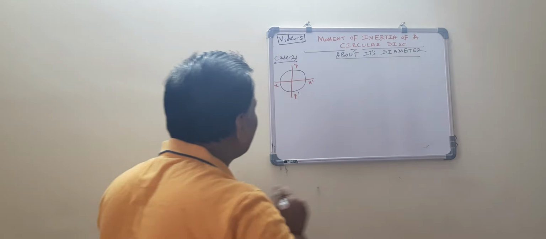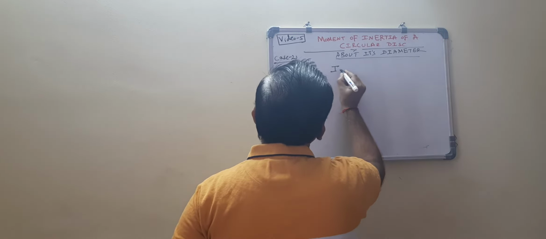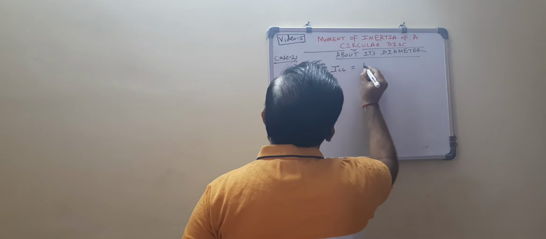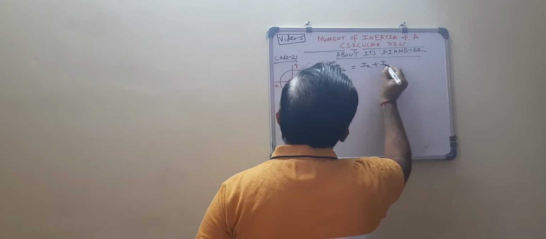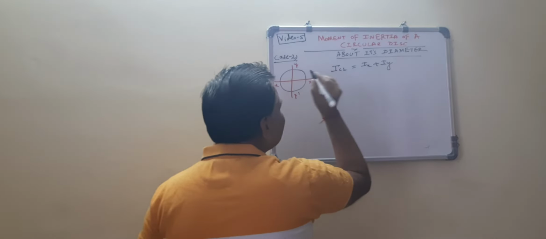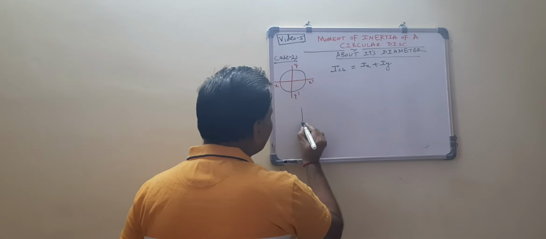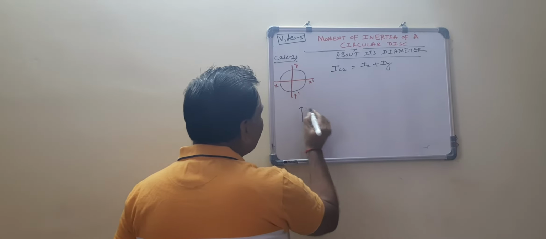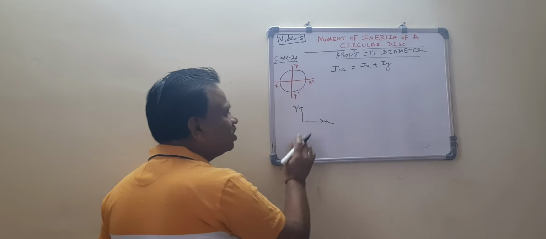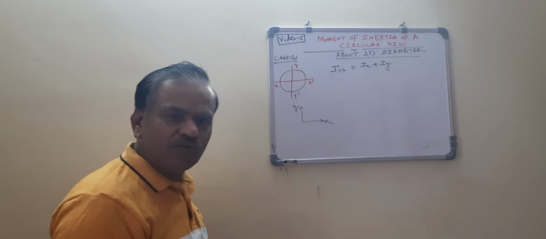Here, I can write I of center of gravity equal to Ix plus Iy. It is nothing but Iz, because we know the perpendicular axis theorem: one is the x-axis and the other is y, both x and y are in its own plane.